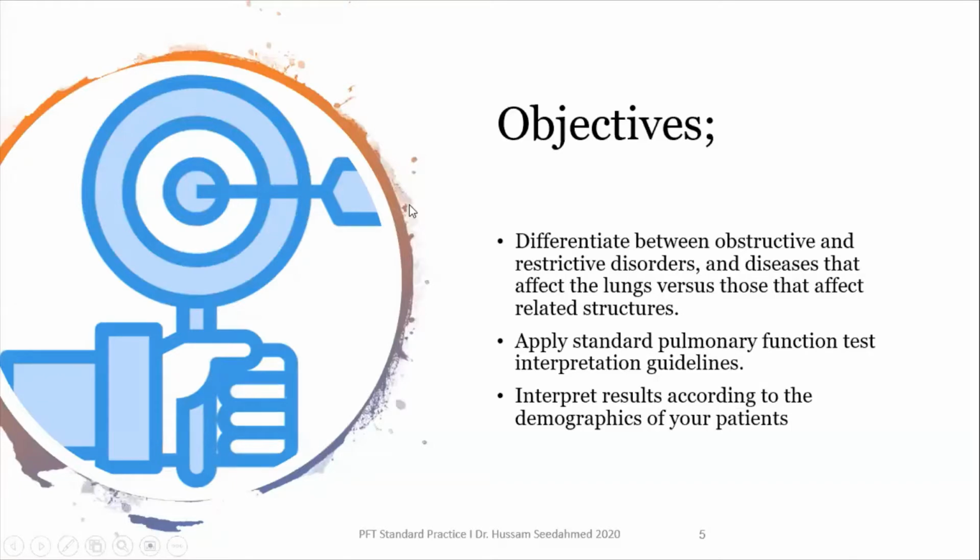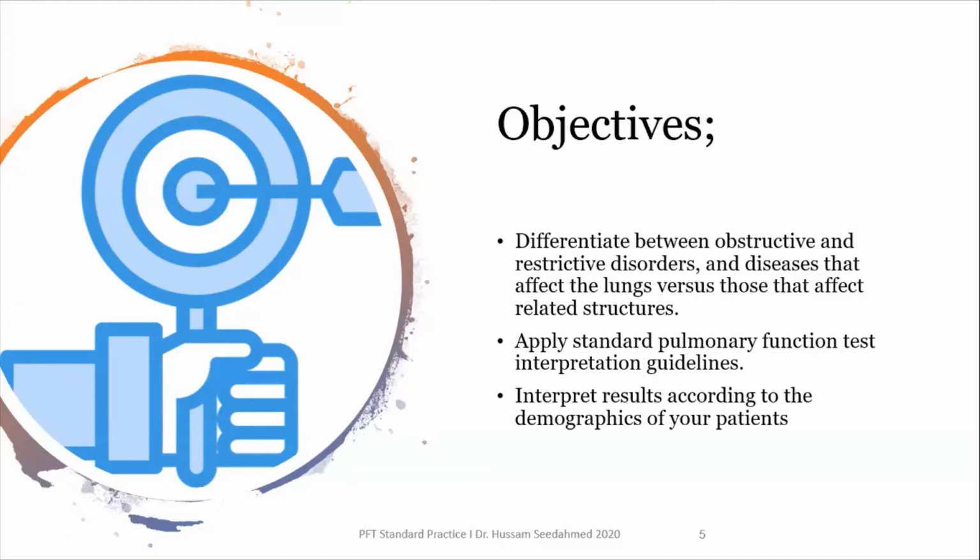So the objectives of this session: by the end of this session, all the attendees should have the ability to differentiate between obstructive and restrictive disorders based on the PFT, and between diseases that affect the lung versus those that affect related structures.